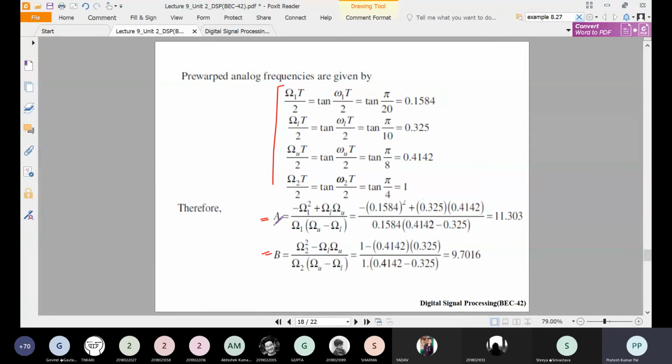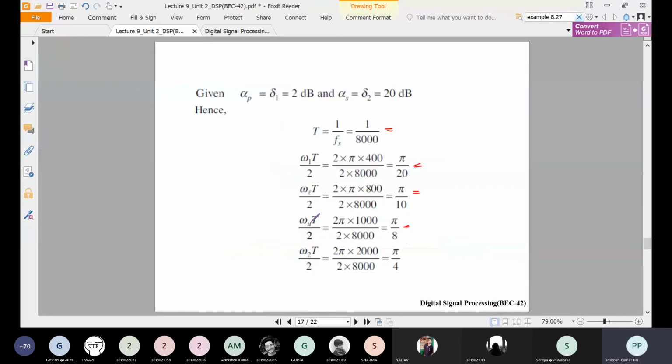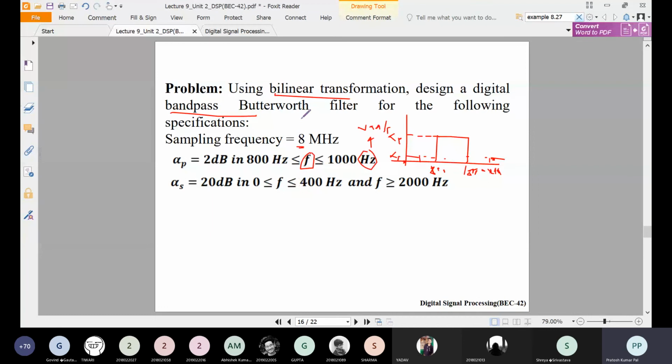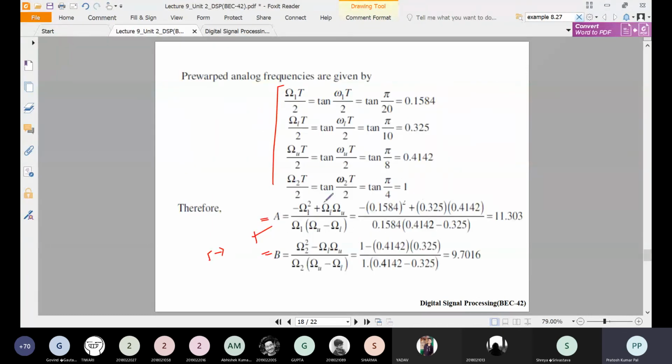This formula is derived from the replacement used when converting an analog low pass filter to a band pass filter. Whatever formula we use for the replacement, this is the term we use to convert. From there we define the a and b values in terms of omega 1, the first frequency, and omega 2, the second frequency.